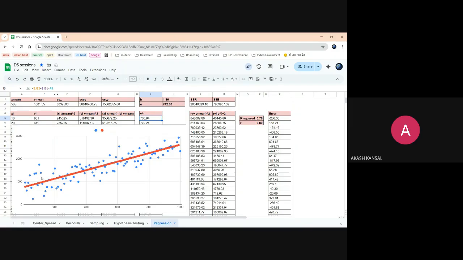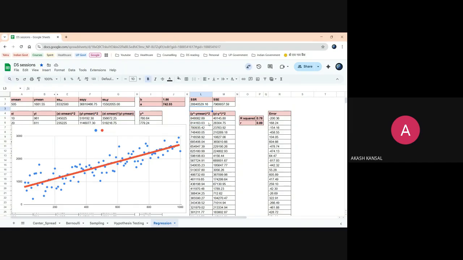So now you can see that when we had all these points, regression helps us get the best possible line, which has the least amount of errors with all of its points, right? So this red line is the linear regression line.